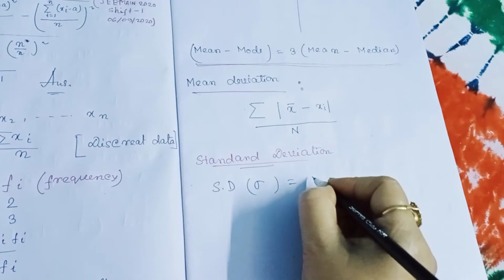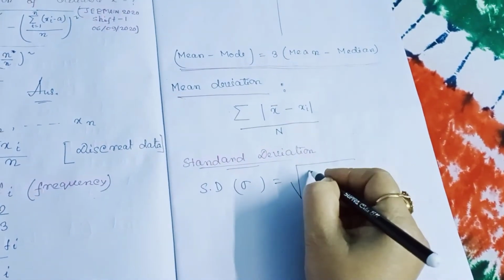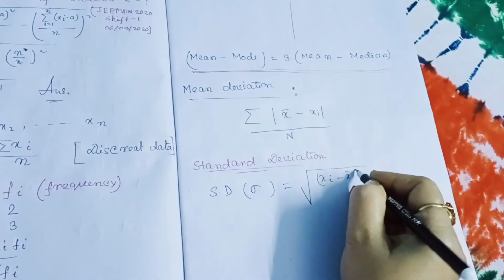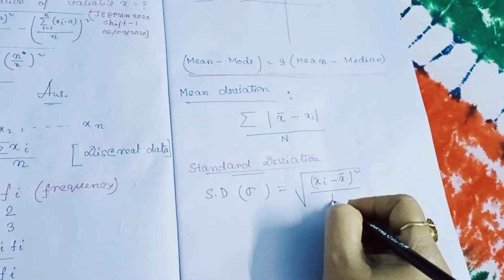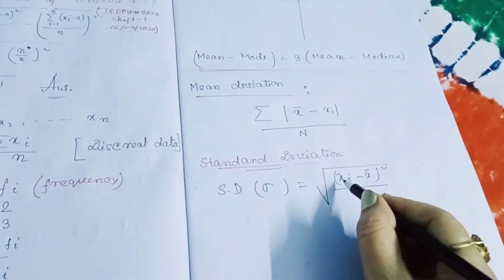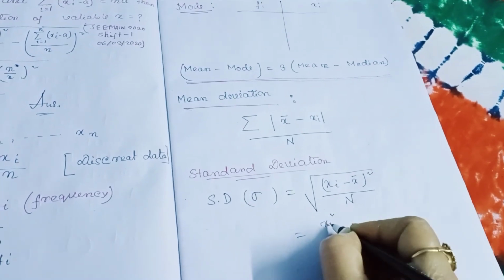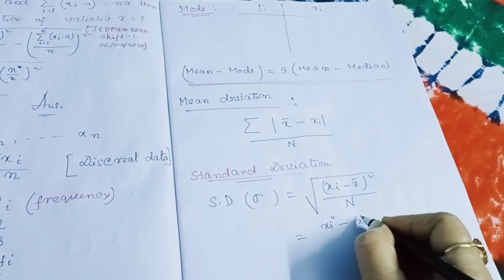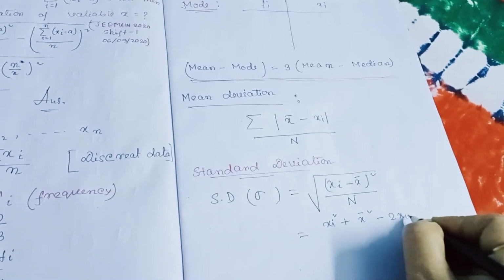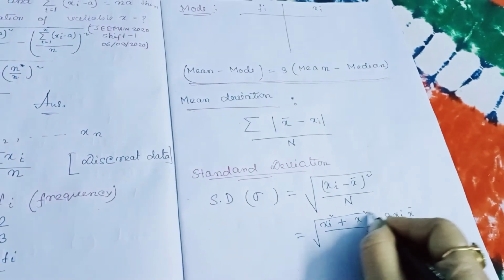So sigma is equal to under root of (xi minus x bar) whole square, divided by n. As we break down the formula, we get xi square plus x bar square minus 2 xi into x bar, divided by n, under root.